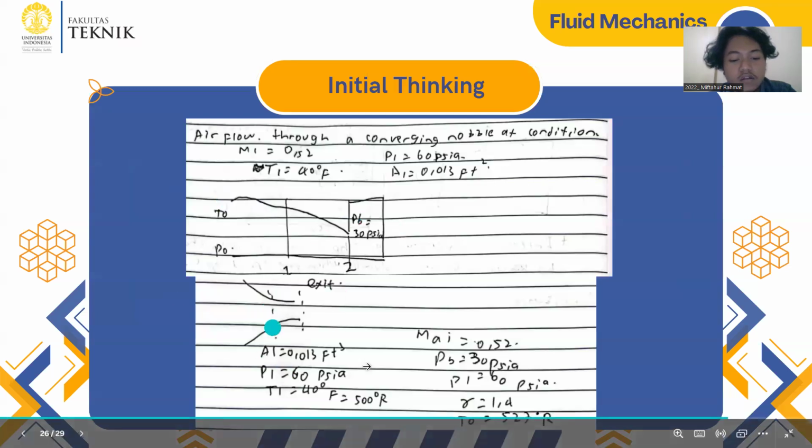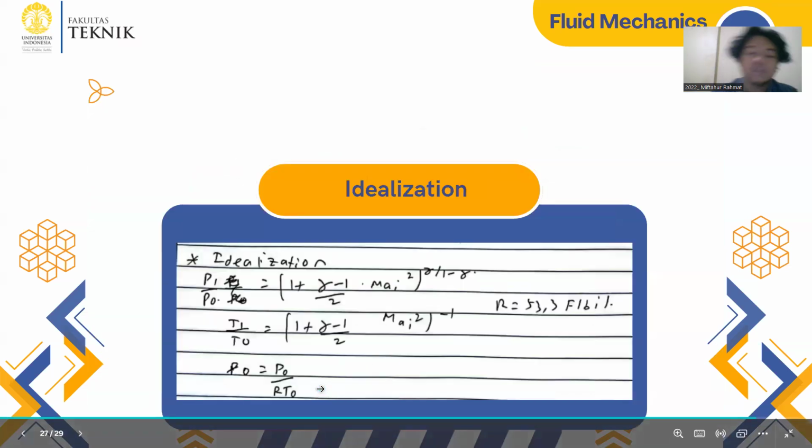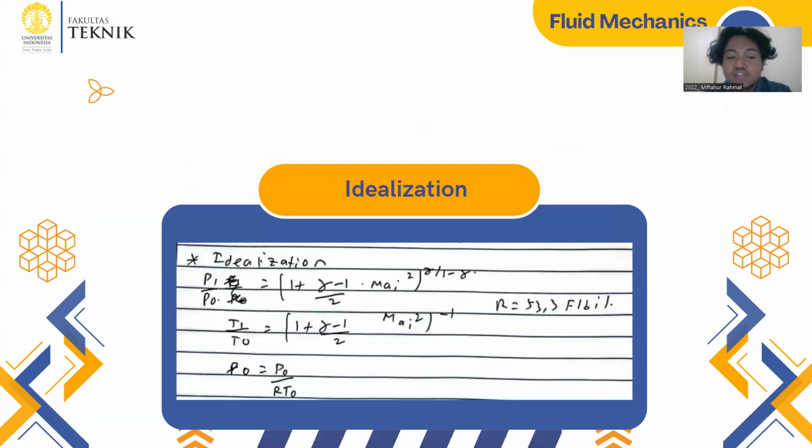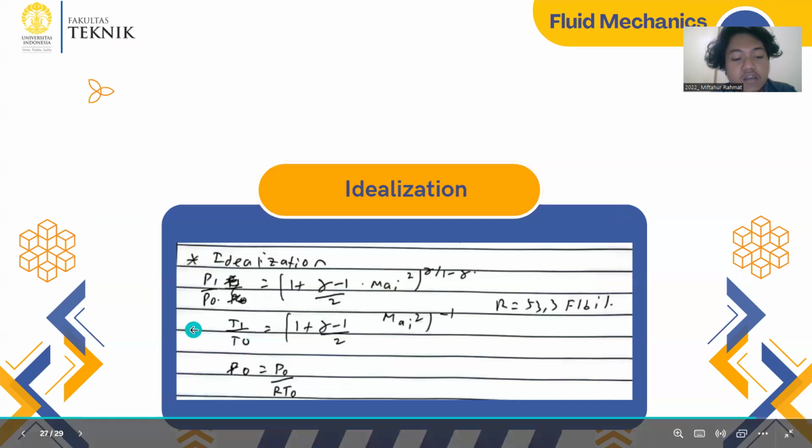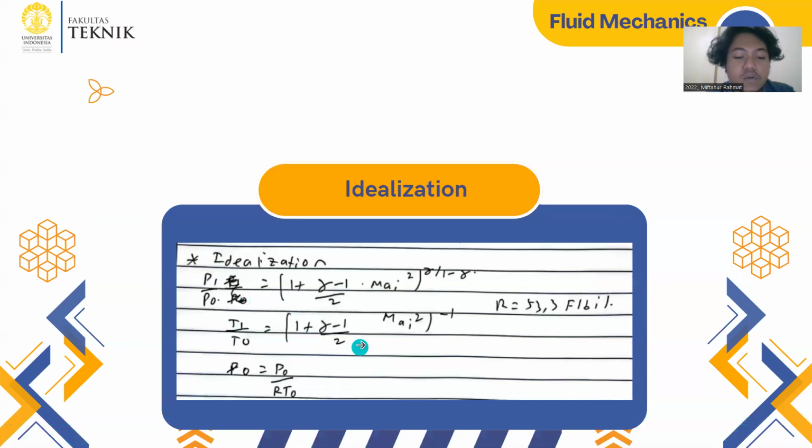And then like this, we can get the idealization for the initial thinking: P1 per P0 equals 1 plus gamma minus 1 per 2, times the Mach number square, to the power of gamma per 1 minus gamma. And for T1 per T0, it's equal to 1 plus gamma minus 1 per 2 Mach squared, but it has a different power from the equation.